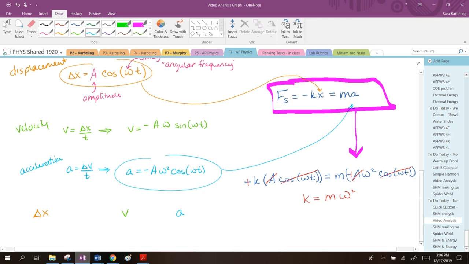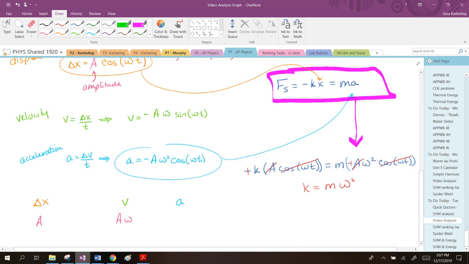A, right? When cosine omega t goes away. So that's going to be the biggest thing you're going to have. It could be A. What's the biggest that v could be? Omega A. It looks like a W, but it's not. And how about for acceleration? A omega squared, right?